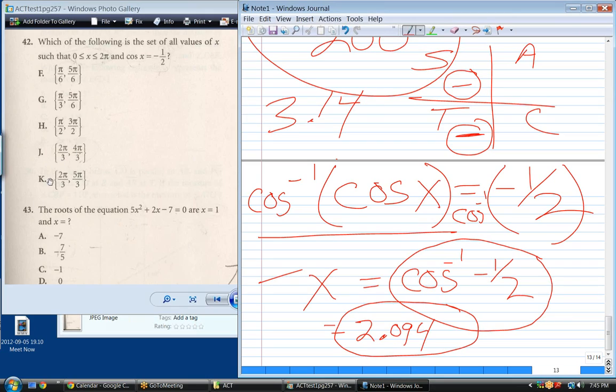So which possibilities could be our answer? J and K. Exactly. Just by using your calculator, we've narrowed it down to two choices. Now, if you really know your trig, you know that the second choice is in the third quadrant. Which of these numbers is in the third quadrant?